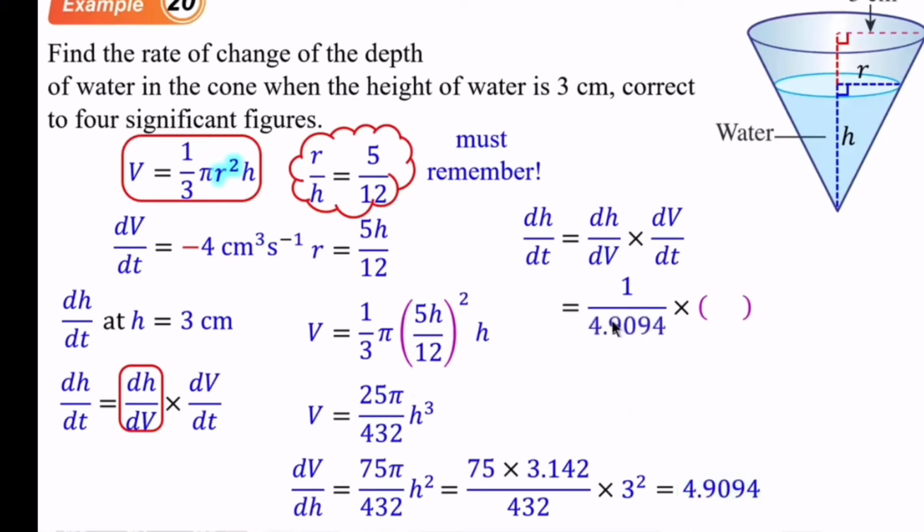So it's 1 over 4.9094, and then we times with the dV/dt, which was given earlier in the question, which was -4. So finally we simplify -4 divided by 4.9094, and dh/dt is -0.8148 centimeter per second, which is also a decrease, right?